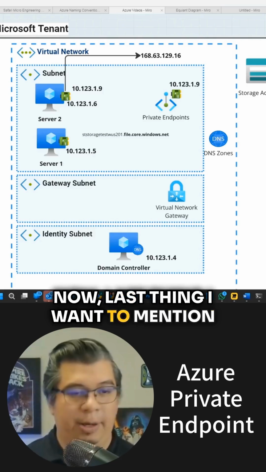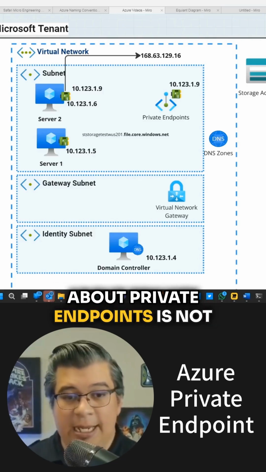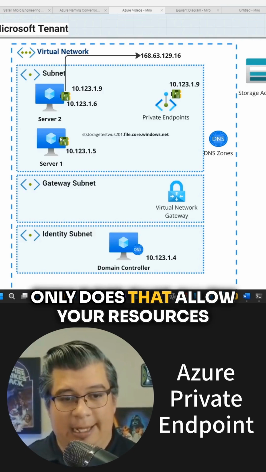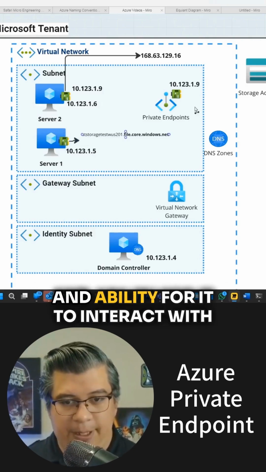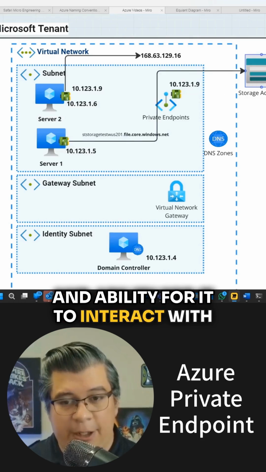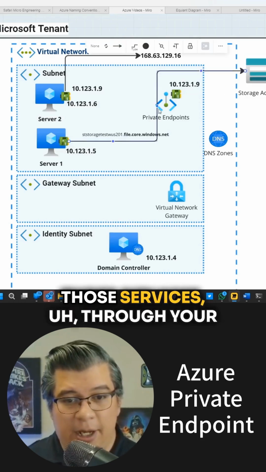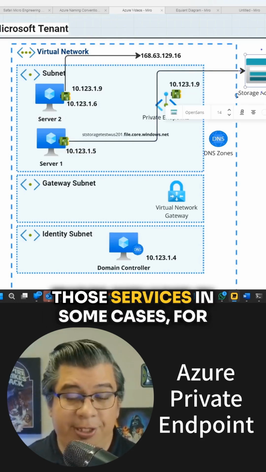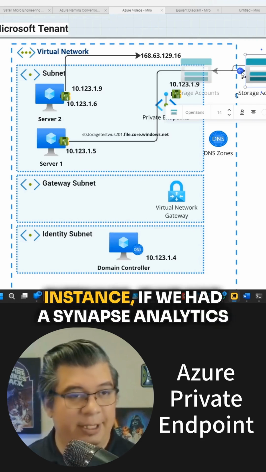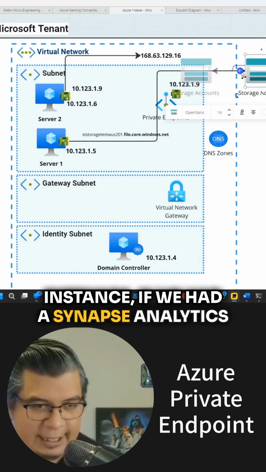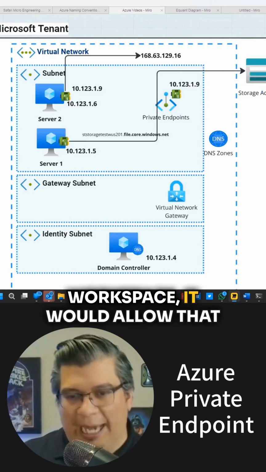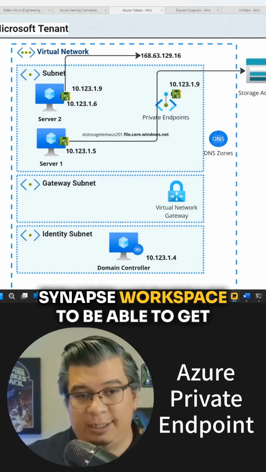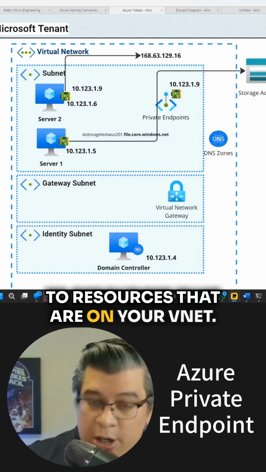Now, last thing I want to mention about private endpoints is not only does that allow your resources an ability to interact with those services through your private network, but it does allow those services, in some cases, for instance, if we had a Synapse Analytics workspace, it would allow that Synapse workspace to be able to get to resources that are on your VNet.